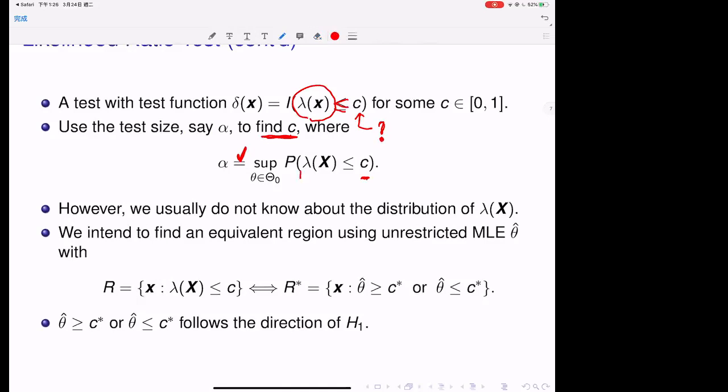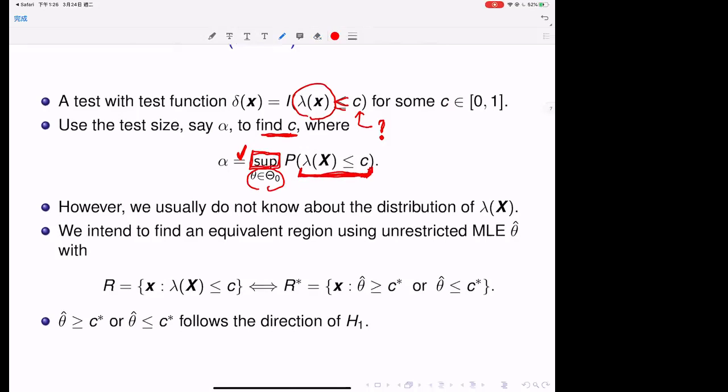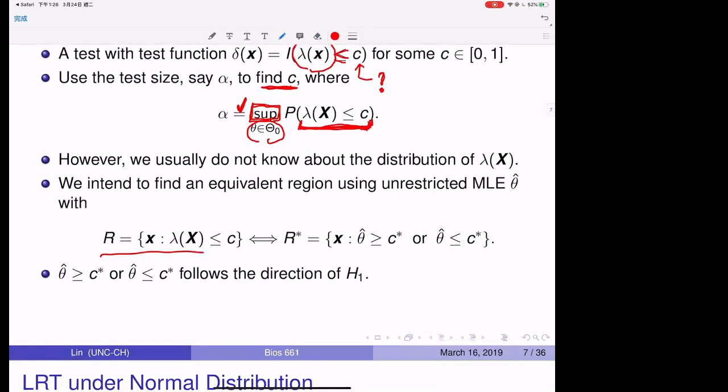Because this is your test region, that means under the null hypothesis, I reject the null hypothesis. That is nothing but type 1 error. In all cases you need to put the supremum here because you have many theta points. Then of course you have the rejection region and the acceptance region.